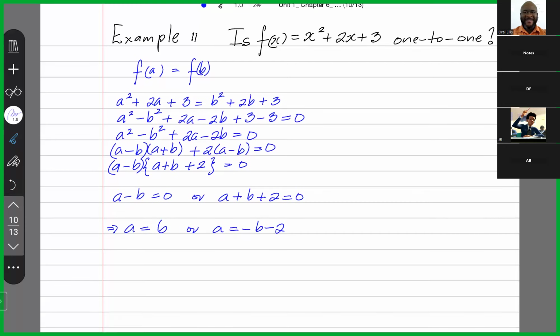So let's make our statement now. Now when f of a is equal to f of b, a is not always equal to b.